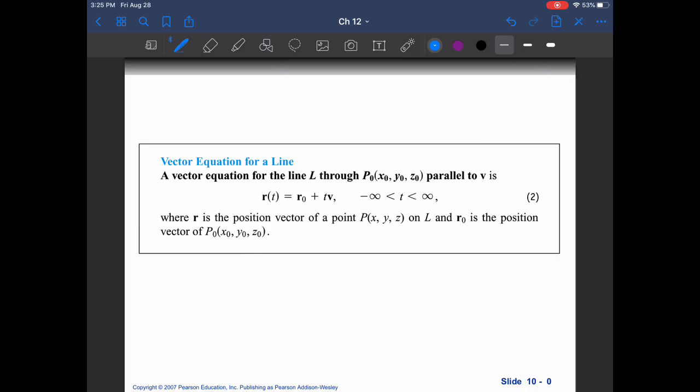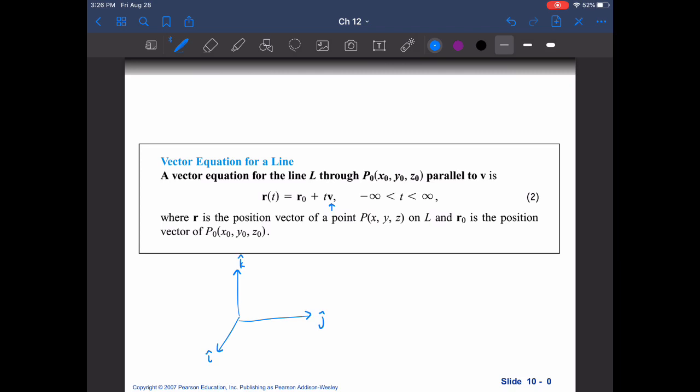Now, keeping this in mind, we can come up with a vector equation for a line. The idea here is we have some vector V, which is essentially our velocity vector that is parallel to the line we're trying to describe.